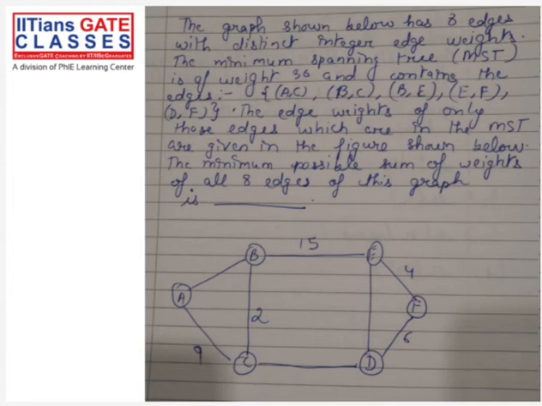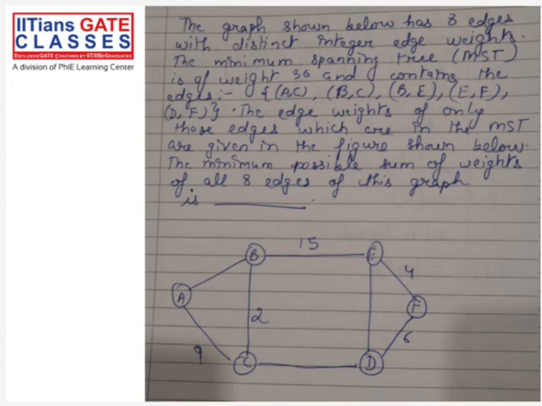All right. Now in this question, I'll tell you in summary what the question is saying. They have given you some weights, and they have not given a few weights of the edges. The weights which have been given are edges that are part of the minimum spanning tree.